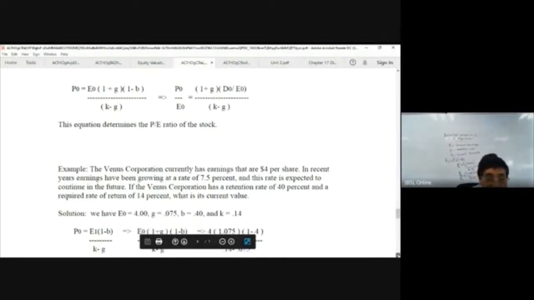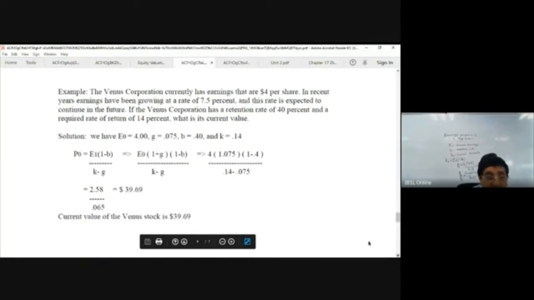Now just look at the solution. P0 is equal to E1 into 1 minus B divided by K minus G. With the application of data, you will arrive at the price as 39.69. The value of stock is 39.69. So I think there's no big issue here.